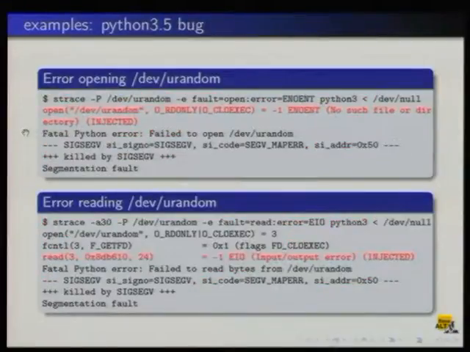Okay, now to real bugs that were found with this tool. The first one is a bug in Python 3.5. Every invocation of Python requires some random data. And when it fails to either open or read data from dev/random, it generates a fatal error.